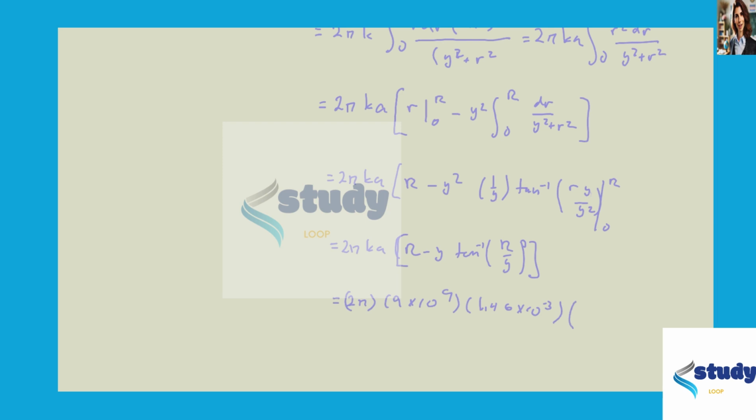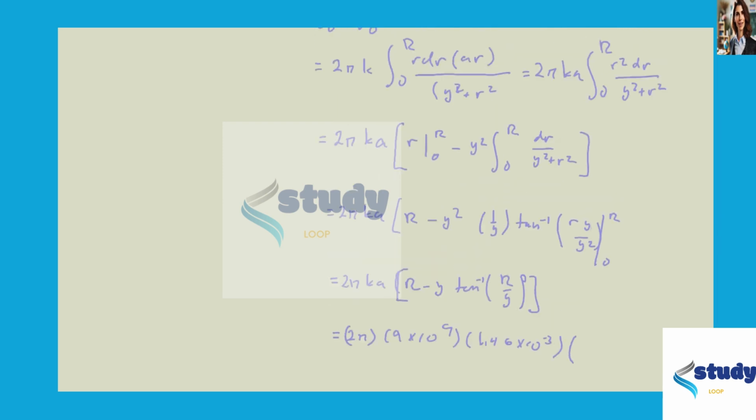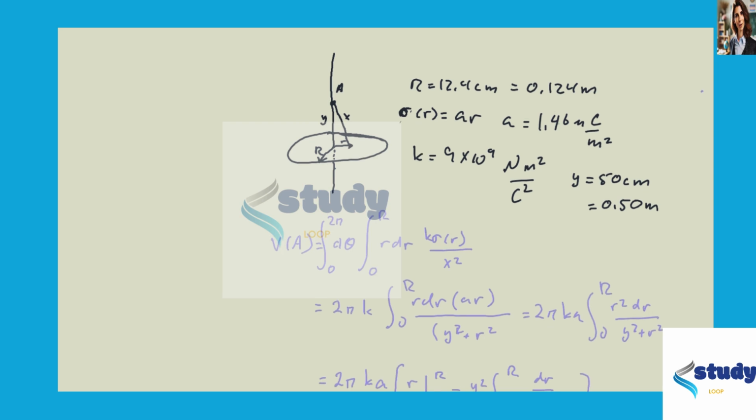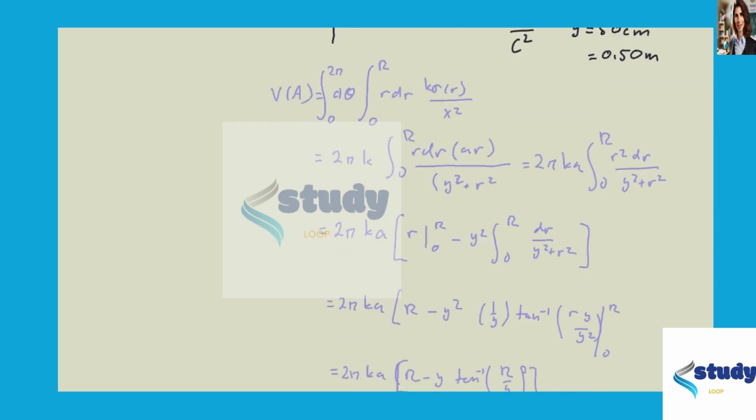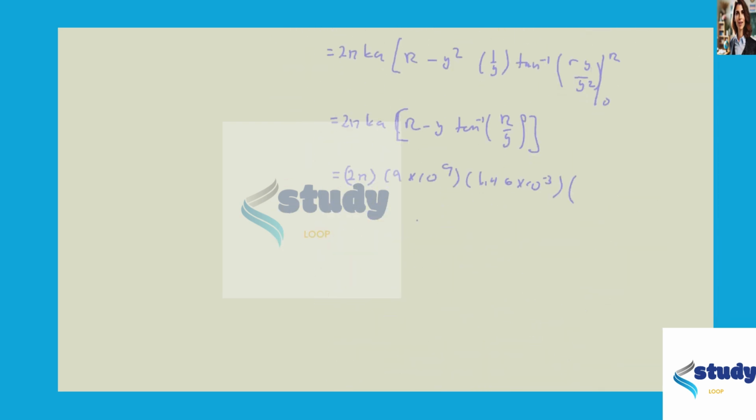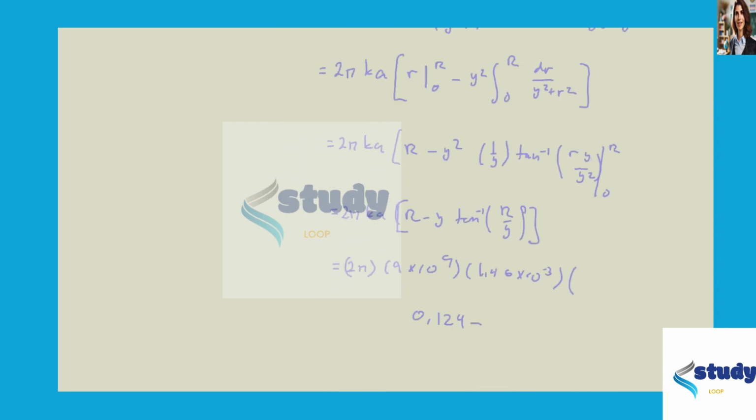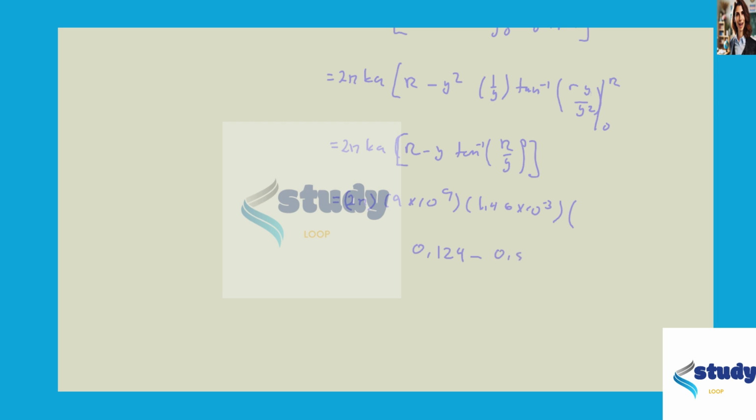And then we're going to have R, which was 0.124, minus Y, which was 0.5, times the arctangent of 0.124 over 0.5.